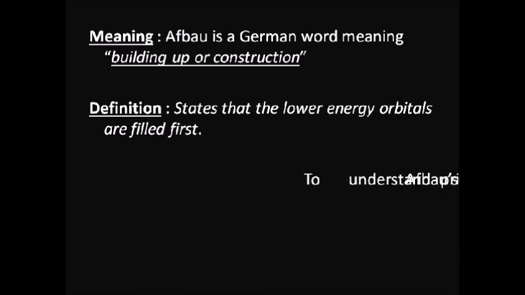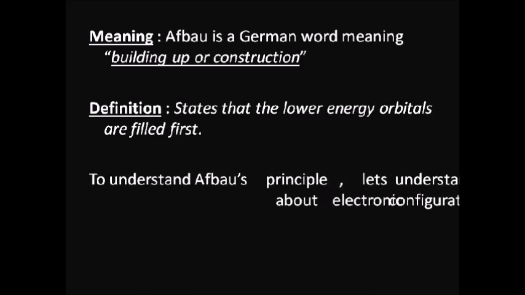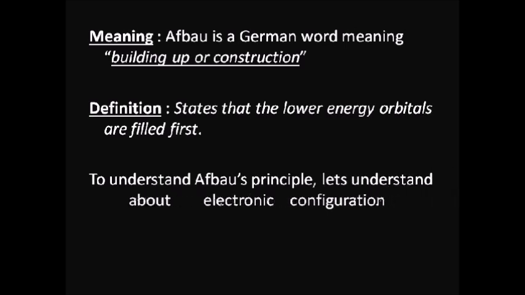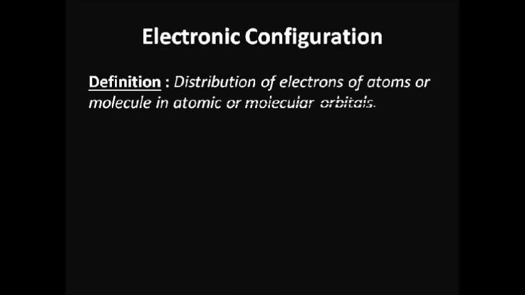To understand Aufbau's principle, let's first understand electronic configuration. It is defined as the distribution of electrons of atoms or molecules in atomic or molecular orbitals.